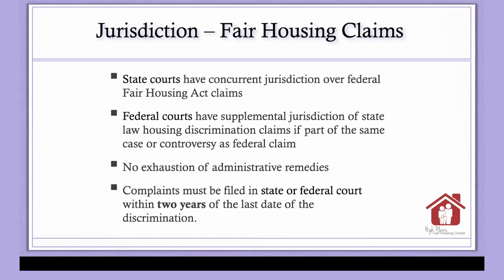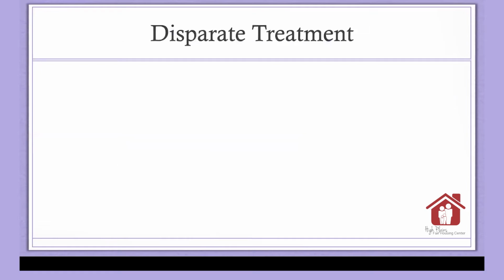This is not required with regard to fair housing law and housing discrimination. It's not required at all. Complaints must be filed in state or federal court, either one is available, within 2 years of the last date of the discrimination.